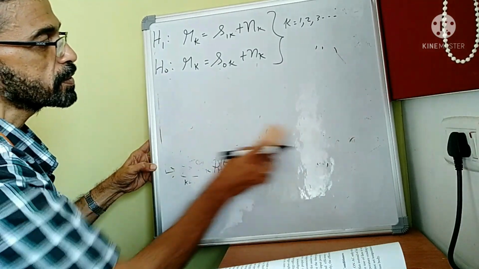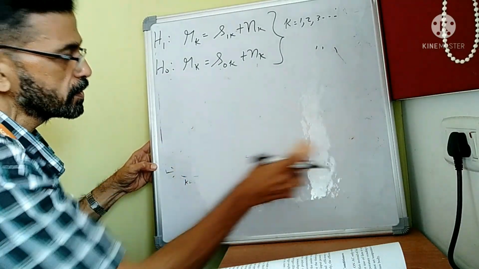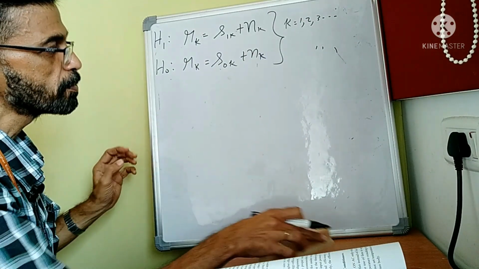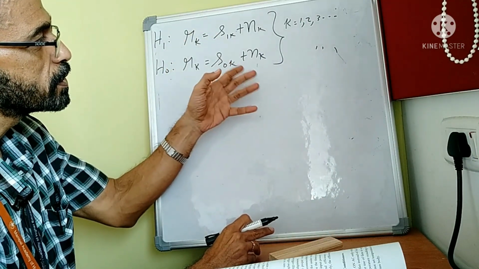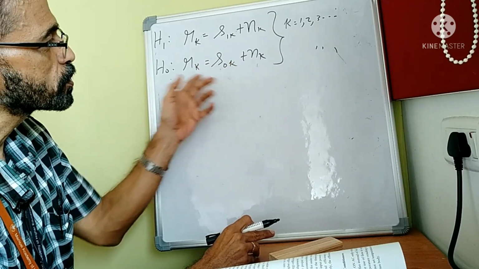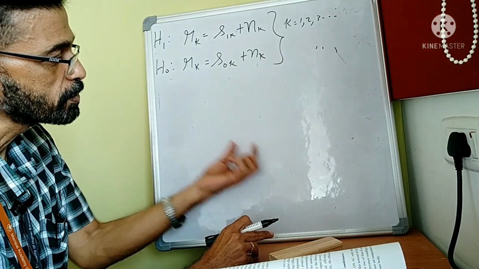So what we have here is again a particular value of the received random process, because we have developed this based on a sample function.